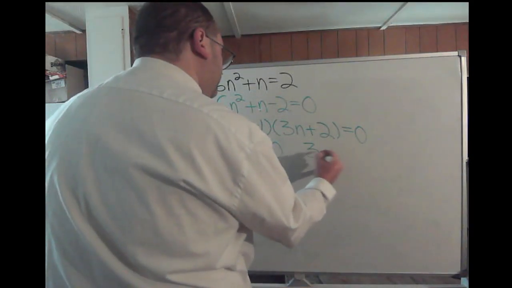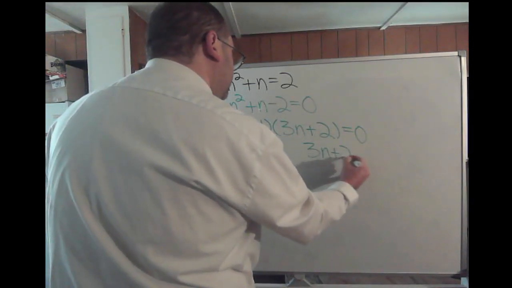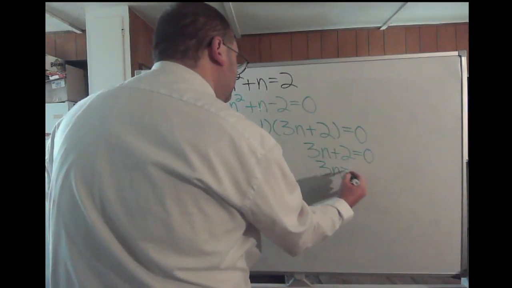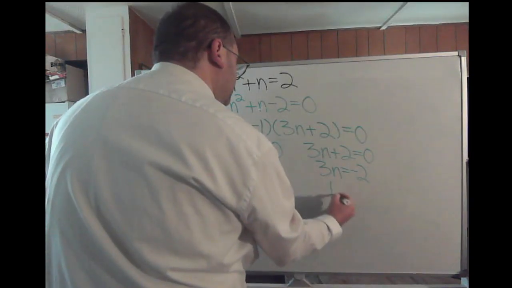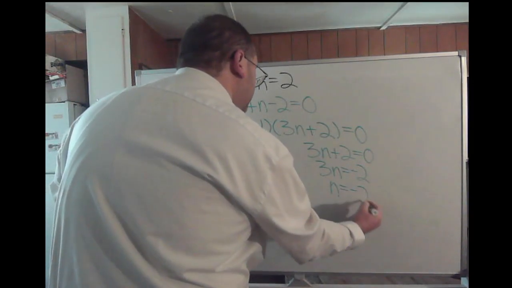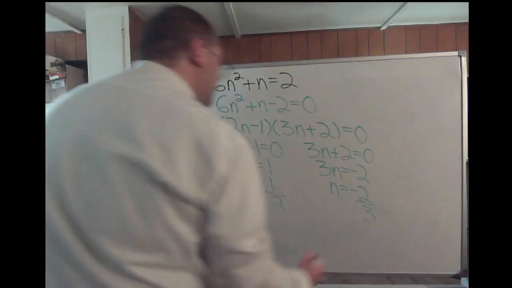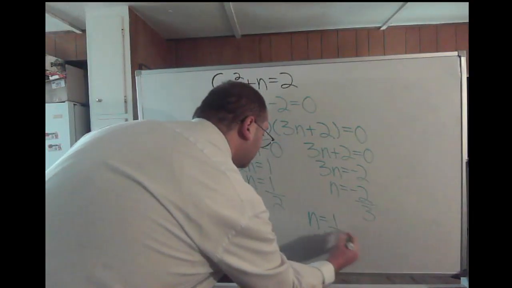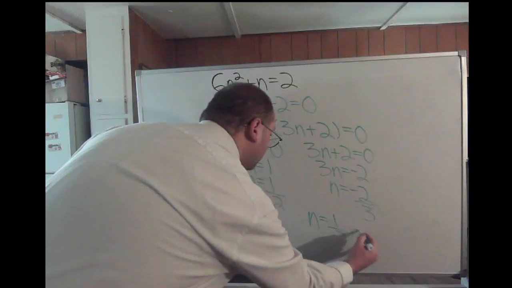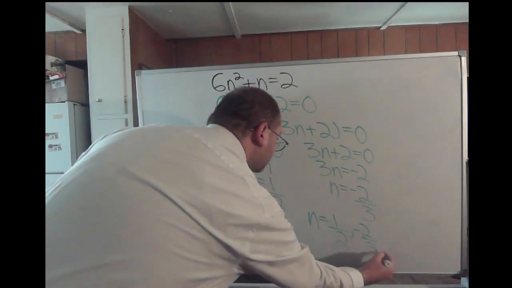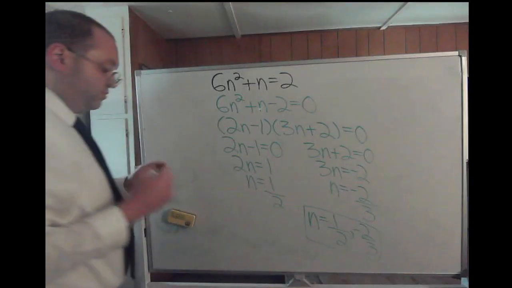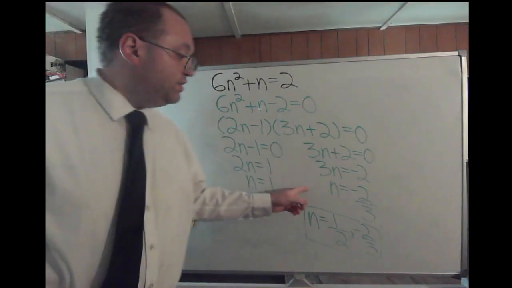Now take your 3n plus 2, set that equal to 0. 3n equals negative 2, so n would equal negative 2/3. So your two solutions for this are going to be n equals 1/2 and negative 2/3. That's exactly what you would get, positive 1/2 and then negative 2/3.